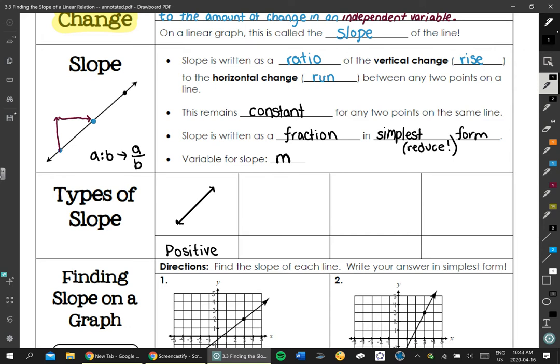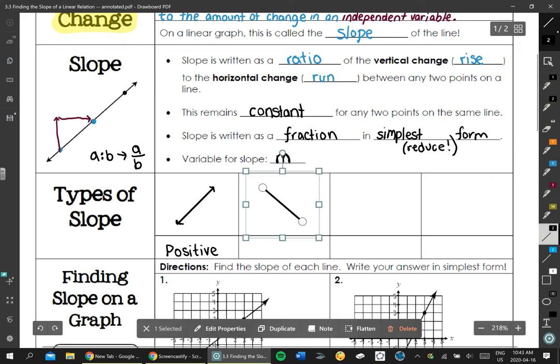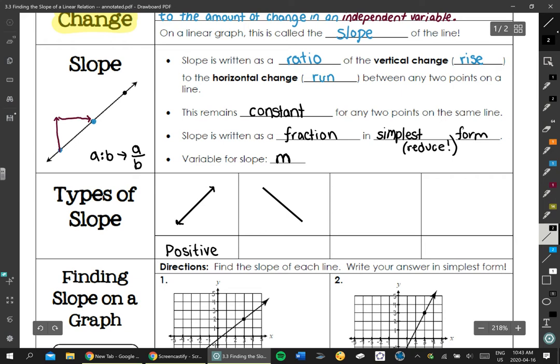The next type is a negative slope. A negative slope is when we're decreasing as we go left to right. So the line is going down, and that's a negative slope.